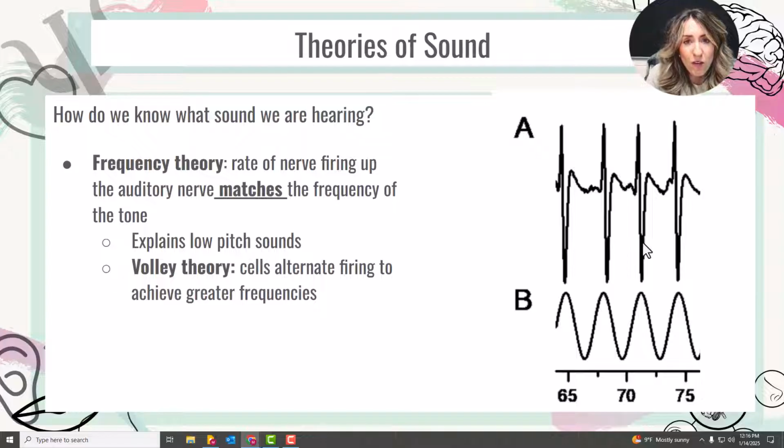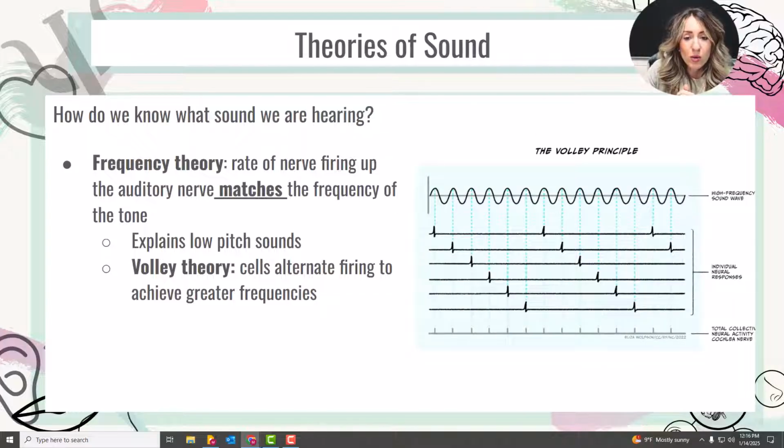So they also find that there's an add-on to frequency theory, which is the volley theory, where cells alternate to fire, fire, fire, fire, and then they get added together in your brain. It looks a little like this. Cells 1, 2, 3, 4, 5, 6 all fire in succession, but your brain sees them firing as one message, so the frequency of firing is much faster than if each one just fired by itself.